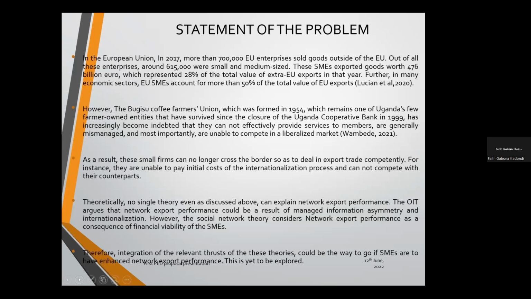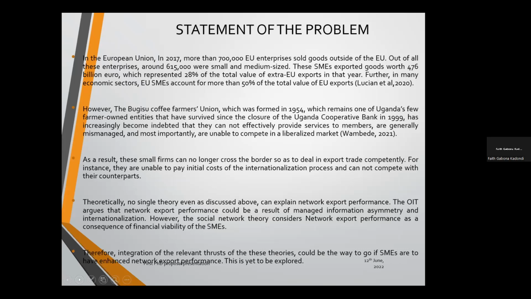the BCU has increasingly become indebted and cannot effectively provide services to members. They are generally mismanaged and, most importantly, are unable to compete in a liberalized market to date, according to Wambede 2021.